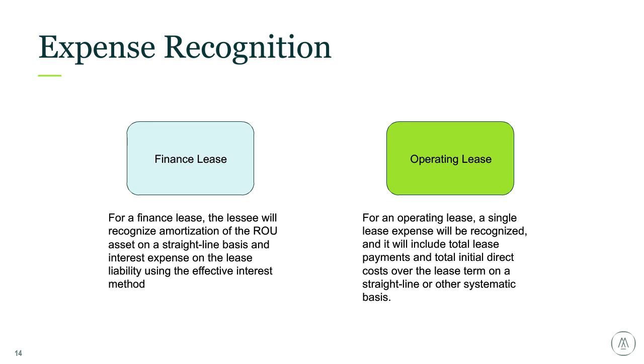Under operating leases, you'll record the lease expense as a single line item, and that single line item will include the total lease payments and total initial direct cost over the lease term on a straight line basis as well. So really, you're breaking out the financing lease expenses over 2 different line items on your P&L, and then for operating leases, it's just rent expense on your income statement.